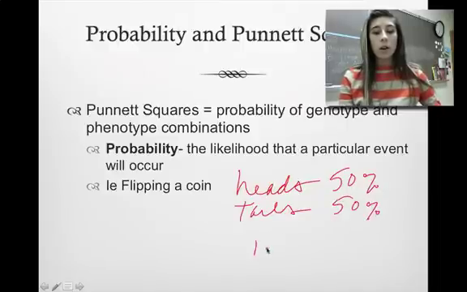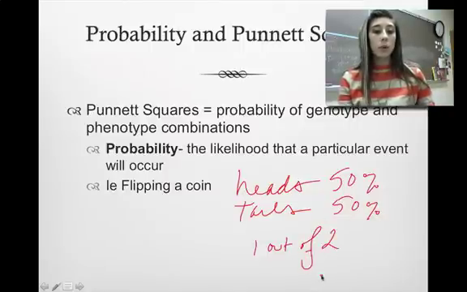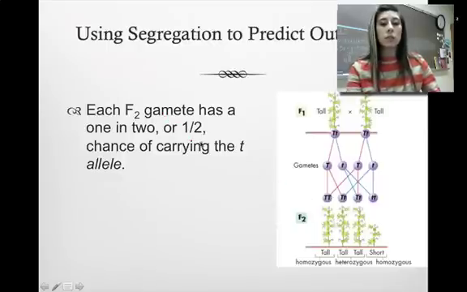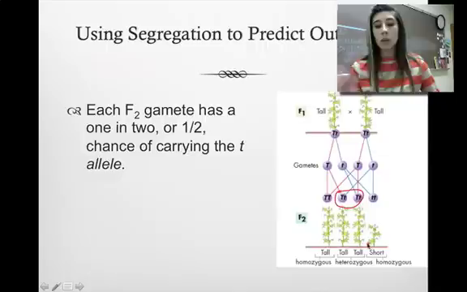So you have a 1 out of 2 chance that you're going to flip a coin and get heads or tails. Let's take a look at the F2 generation, or second generation. So we see that 2 out of the 4 are carrying the small t. So they're carrying the gene for a short plant.